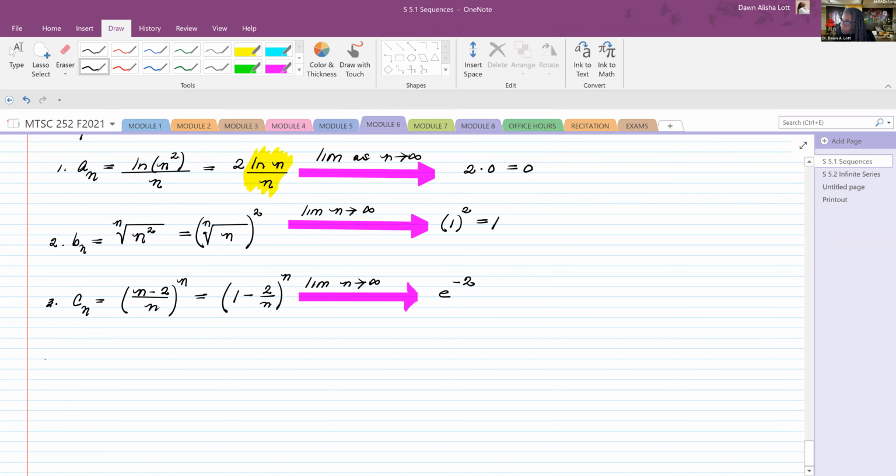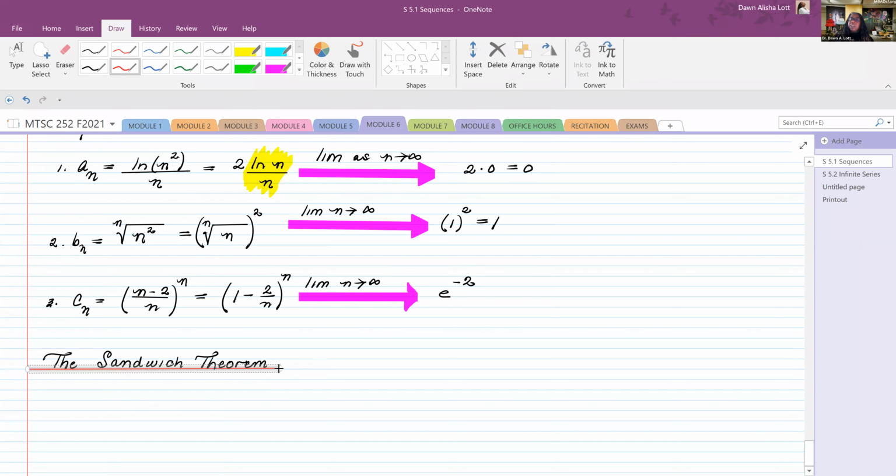The sandwich theorem. All right, so the sandwich theorem is pretty simple.